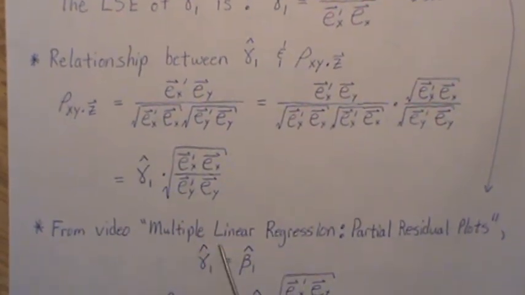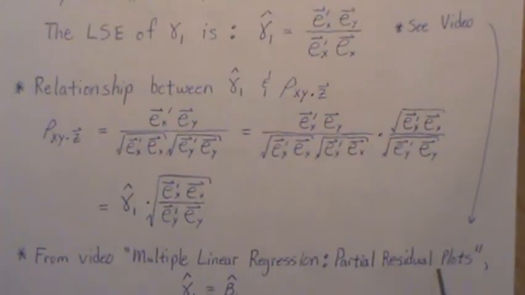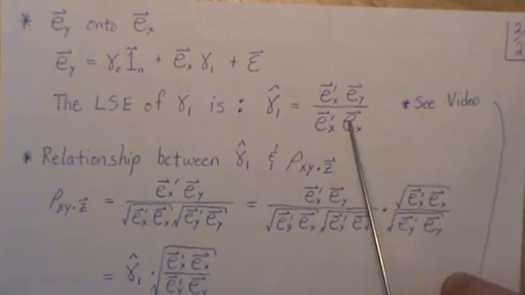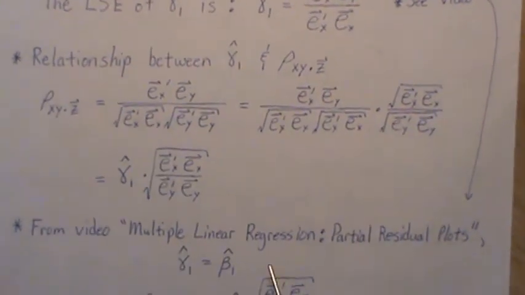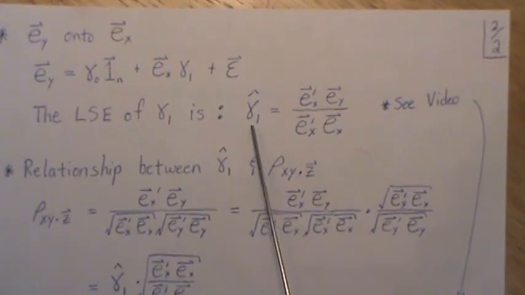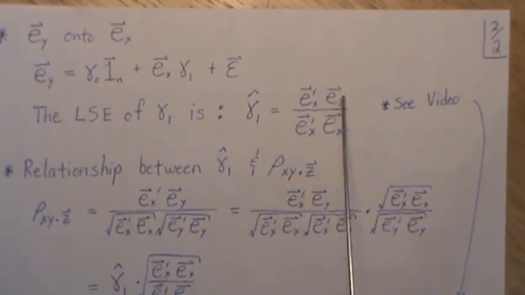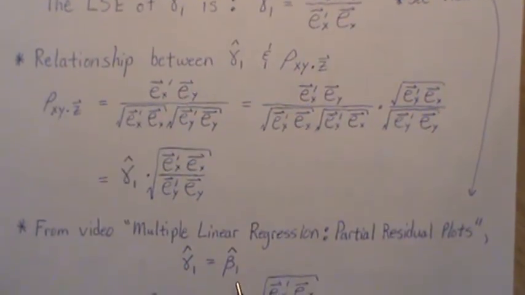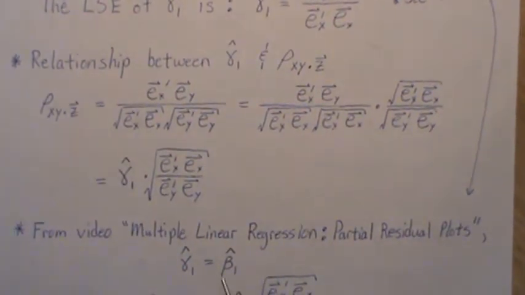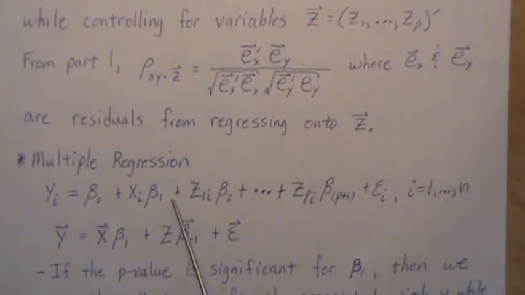Well, from the video on multiple linear regression and partial residual plots, the video I passed you off to, we proved that this simple linear regression of the residuals, and then calculating the least squares estimate for the slope parameter, is 100% equivalent to that slope parameter that we looked at right here.